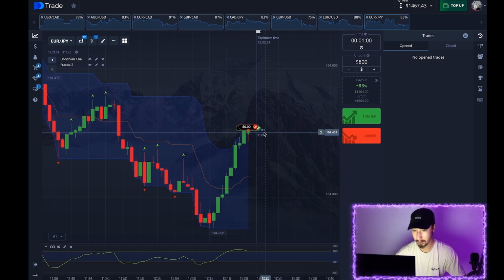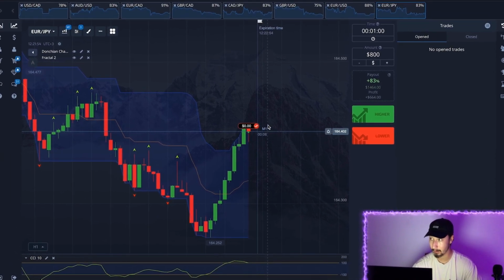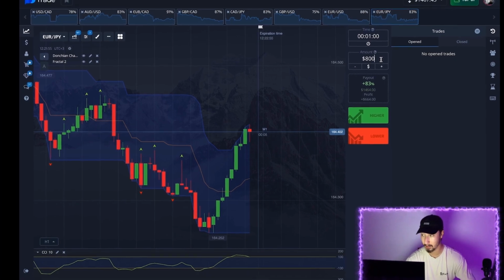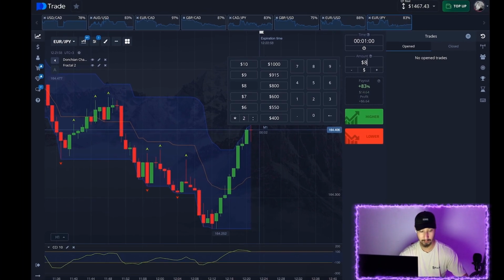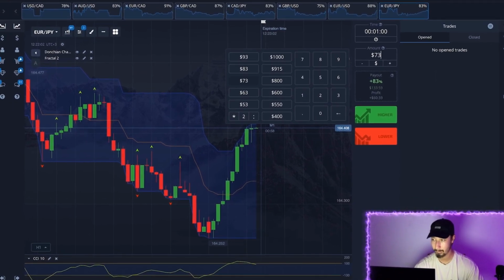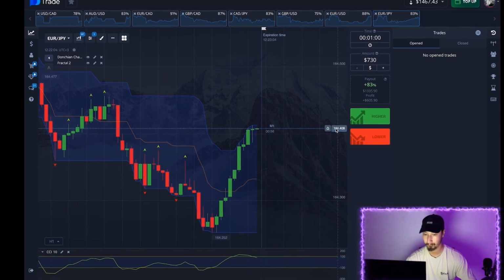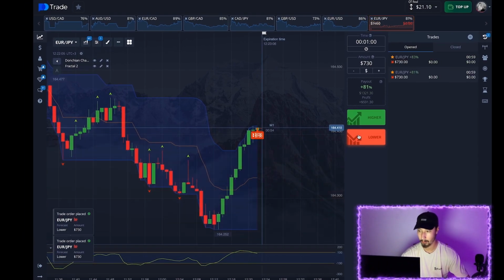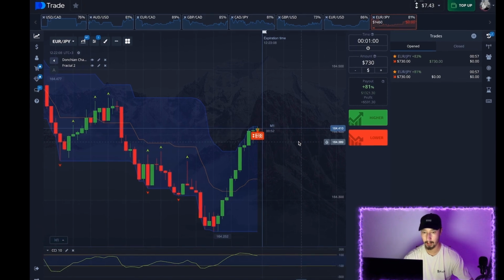Alright, one position closed in the negative. That's not good, that's bad. Let's watch the dynamics. Let's put a 730, I guess. And open more short positions here.